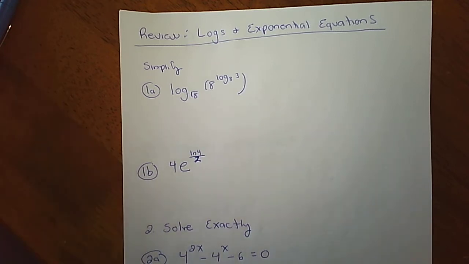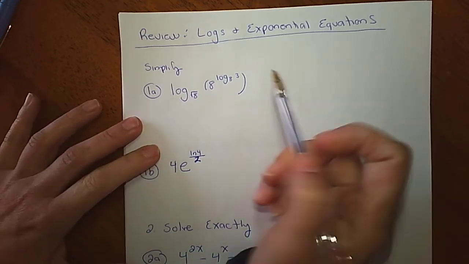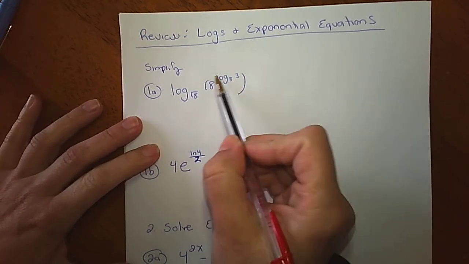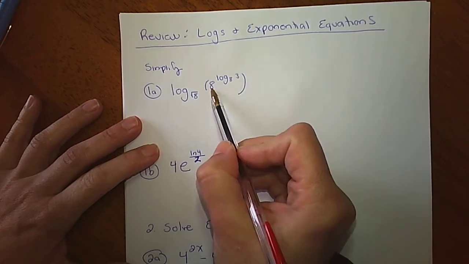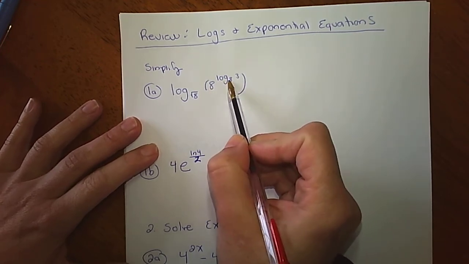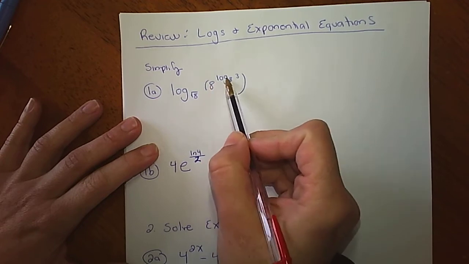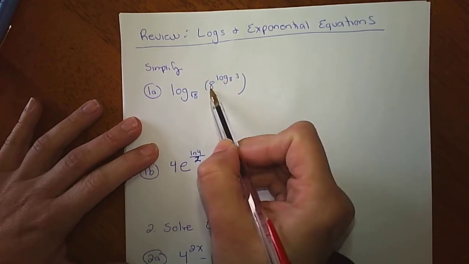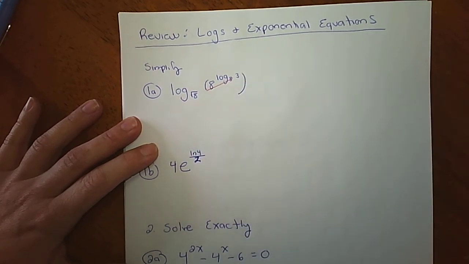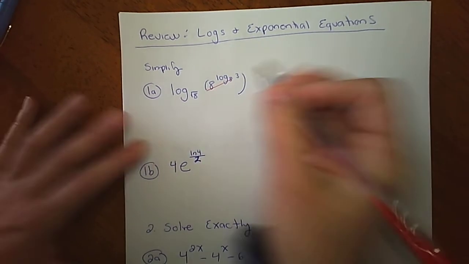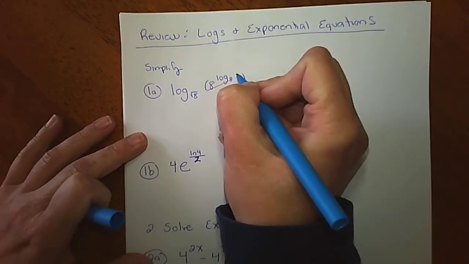All right. So in this one, first thing I'm going to do is look inside my parenthesis. Now, if you notice you have 8 raised to the log base 8. These guys are inverses of each other. So they're just going to cancel each other out. Actually, I think it was a 1 on the worksheet.